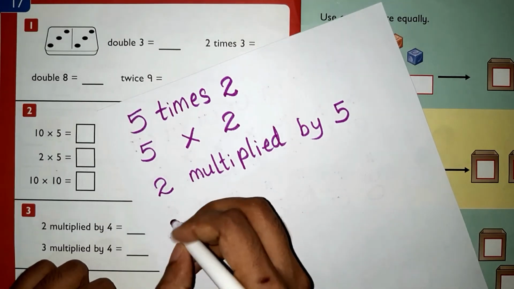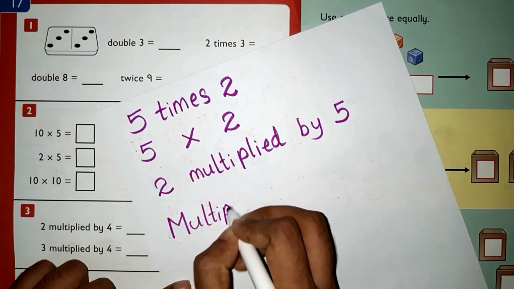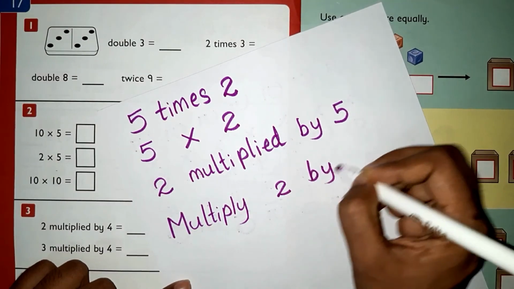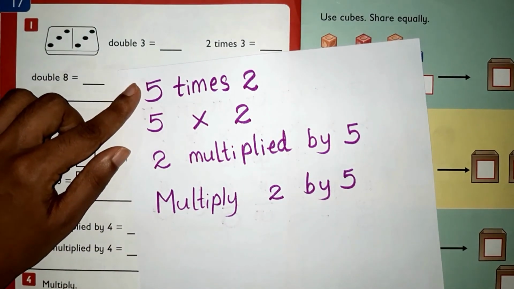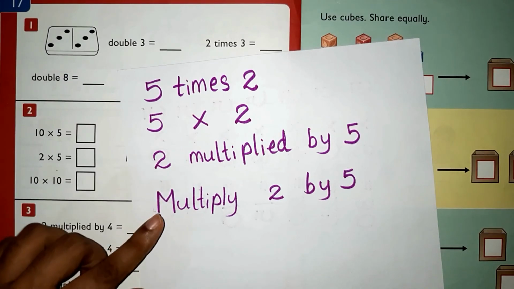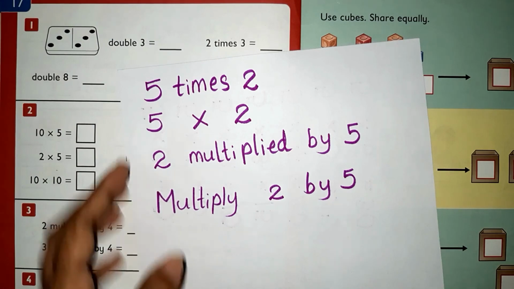And also we can write multiply 2 by 5. So all these 4 are saying the same thing. You just need to keep it in your mind when you are doing these activities.